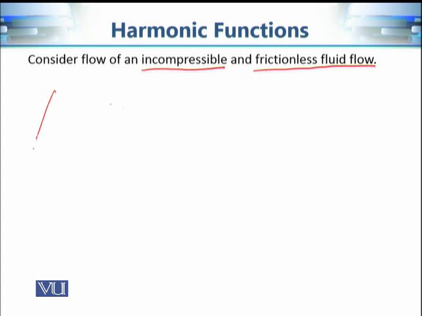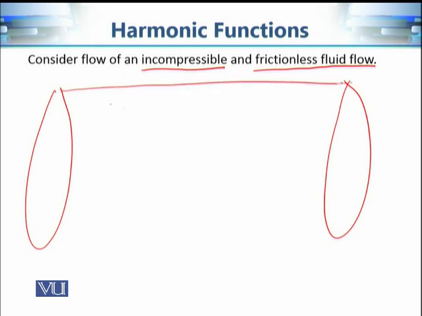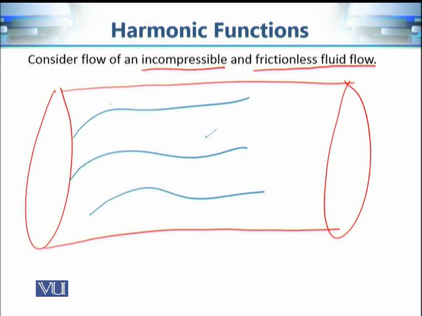So the fluid is flowing in a very deep channel. So this is a very deep channel, and the fluid is flowing inside this. This is the physics of the problem, and we also assume that this channel is placed parallel to the complex plane.